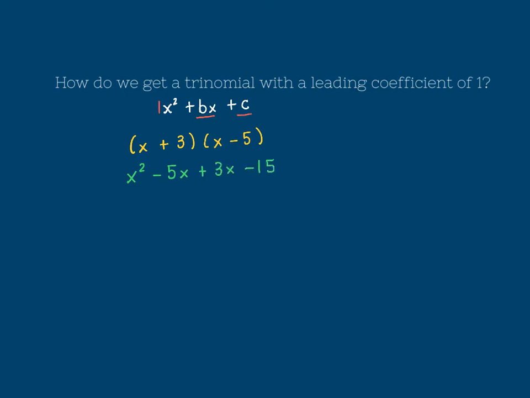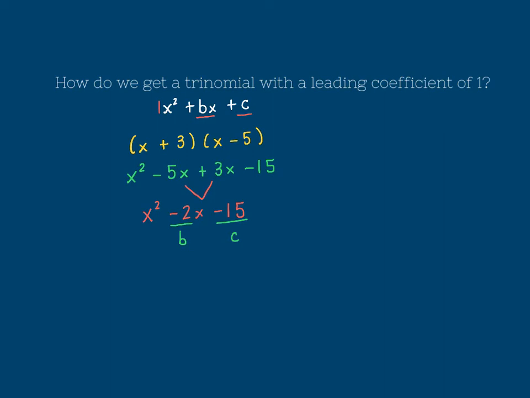And then remember, we have to combine the middle terms because they're like terms. So this gives us x squared minus 2x minus 15. So in this case, b would be negative 2 and c would be negative 15.